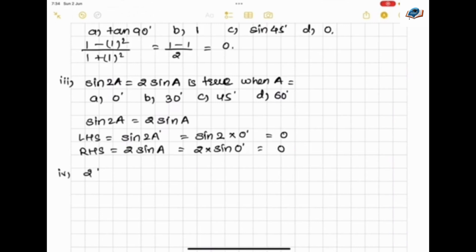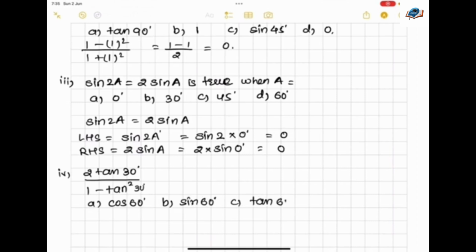Fourth one says 2 tan 30 degree whole upon 1 minus tan square 30 degree is equal to, the options are A cos 60, B is sin 60, C is tan 60 degree, D is sin 30 degree.